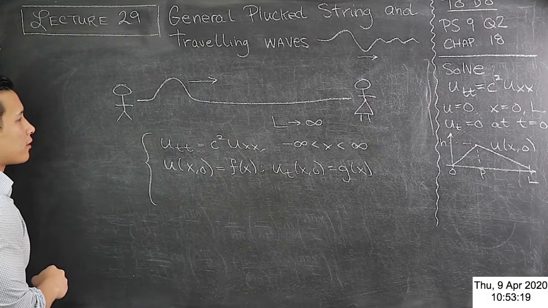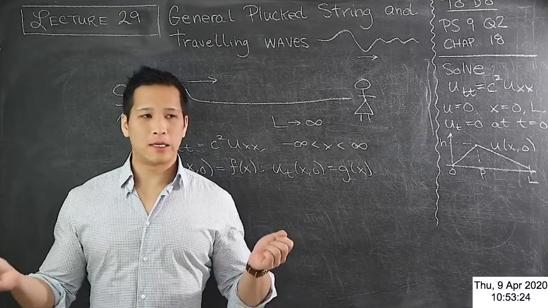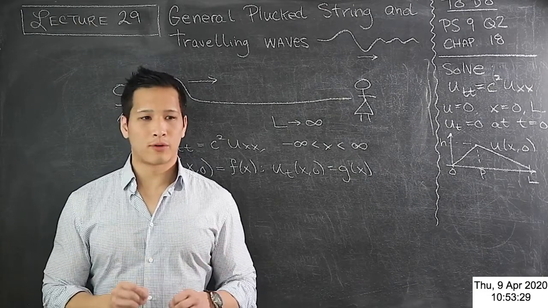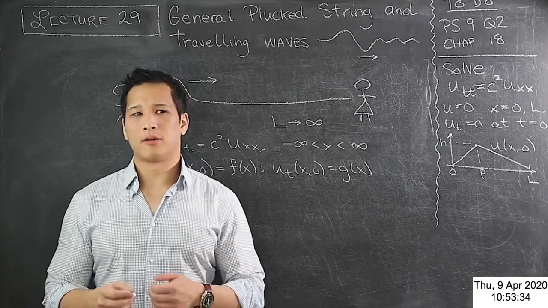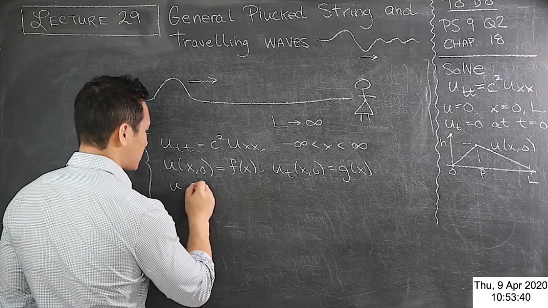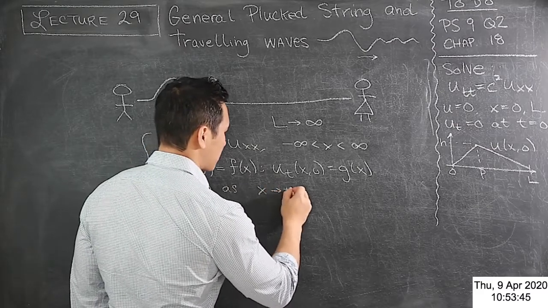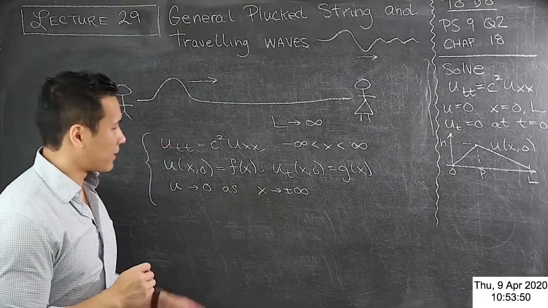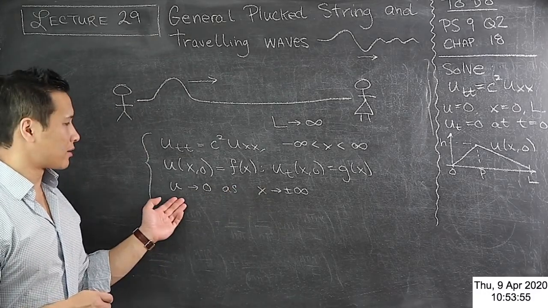Okay, now because it's being posed on the infinite interval, you might also ask, do I need to worry about the boundary conditions at infinity? And the answer is no, you don't really need to worry about the boundary conditions at infinity as long as it's well behaved. You can have other boundary conditions like u tends to a constant, but just for simplicity, let's consider u tends to 0.